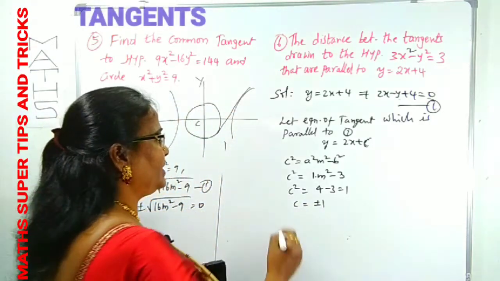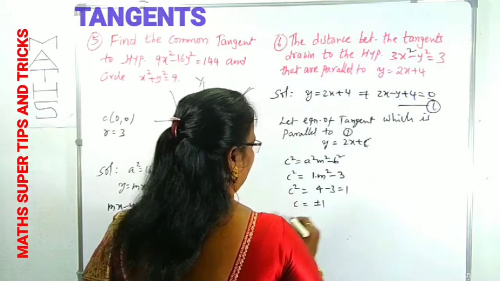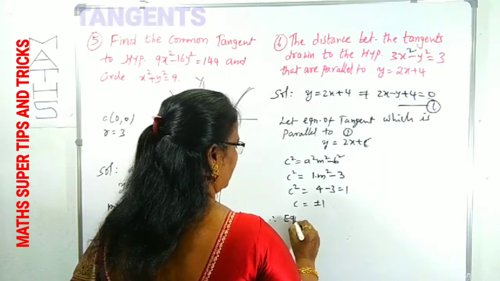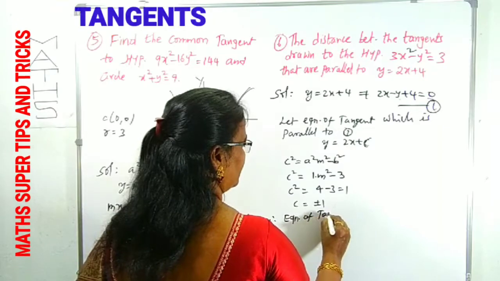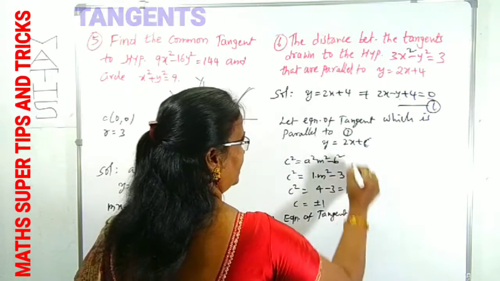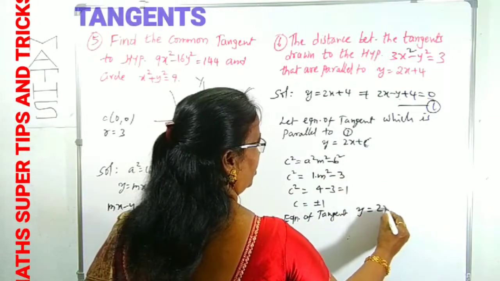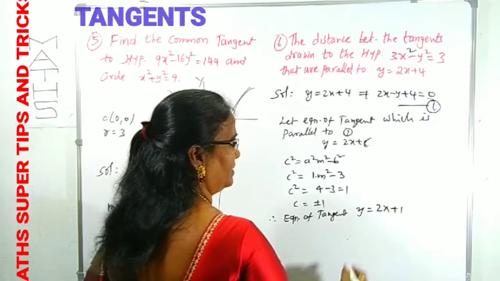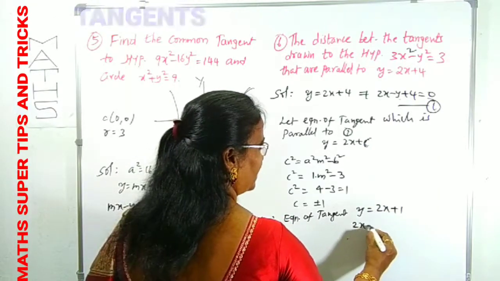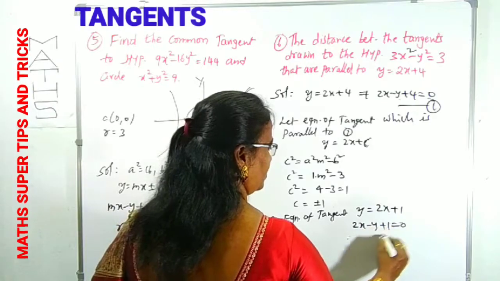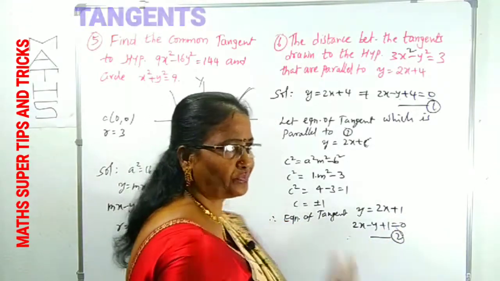Therefore, the equation of the tangent is y is equal to 2x plus 1, only 1 case I am taking. I am rewriting it as 2x minus y plus 1 is equal to 0. This is taken as equation 2.